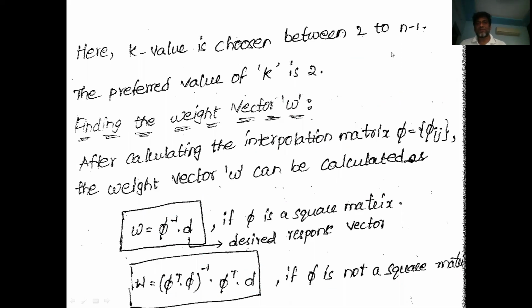So the performance of radial basis function neural network depends on three parameters that I said earlier. That is, one is choosing the centers. The second one is calculating the unit width R, and finally calculating the weight vector W. This also involves the selection of the radial basis function.